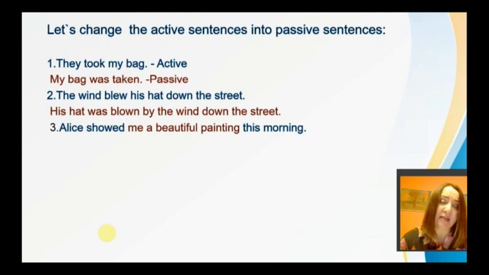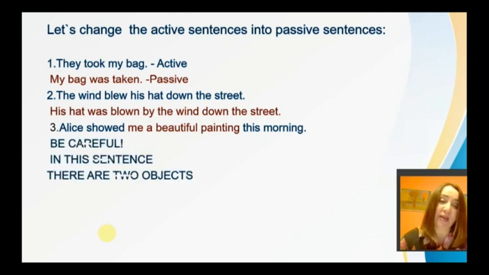And the third sentence is, Alice showed me a beautiful painting this morning. Be careful. In this sentence, there are two objects and two passive sentences. 15 seconds.